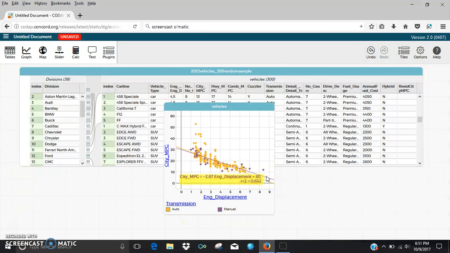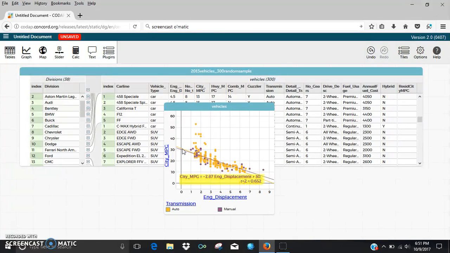All the purple dots represent the manual transmission vehicles. The purple line is a least squares line for the manual transmission vehicles. We also get an equation for this purple line. You notice the points that we were concerned about, they're all automatic transmission cars.